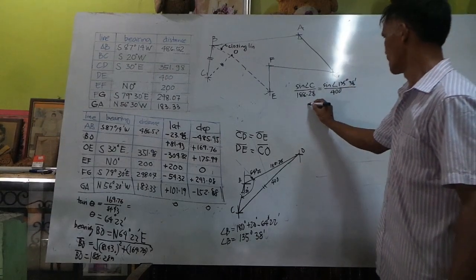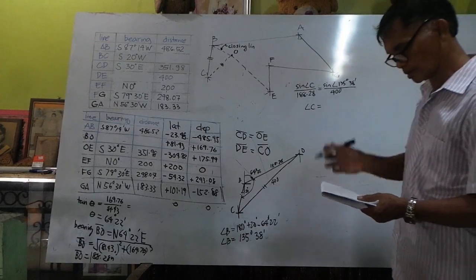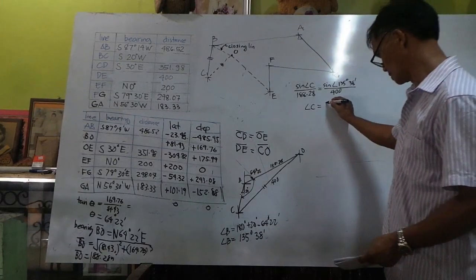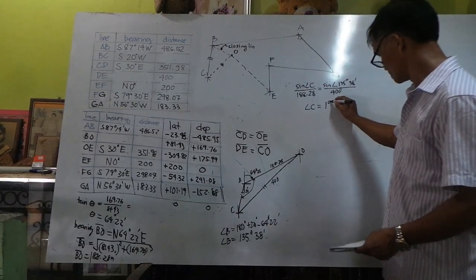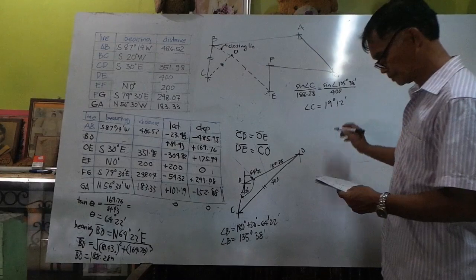Solving, angle C is equivalent to 19 degrees and 12 minutes.